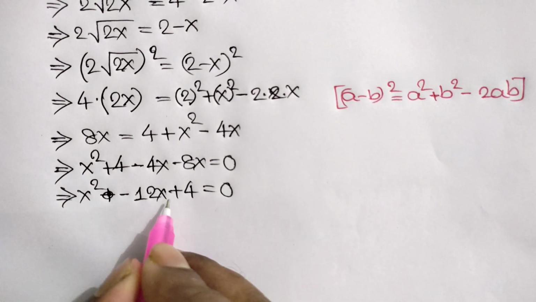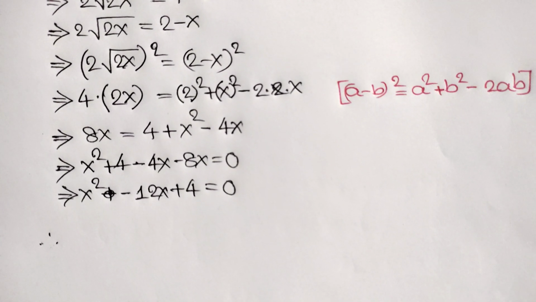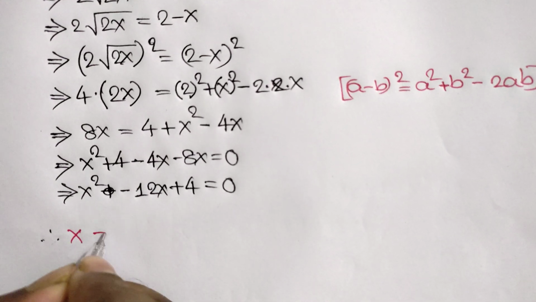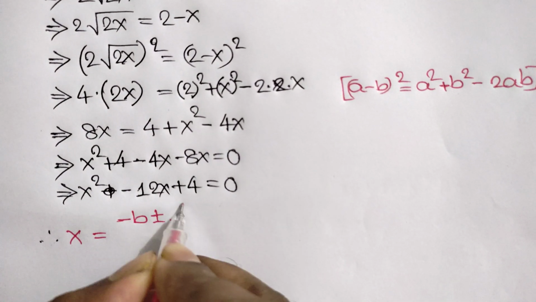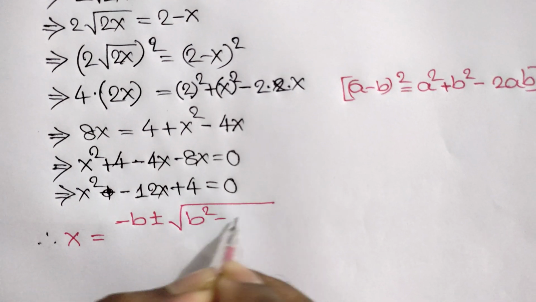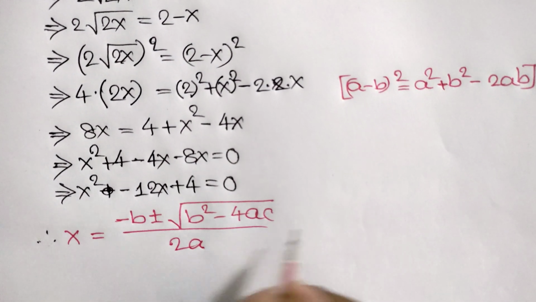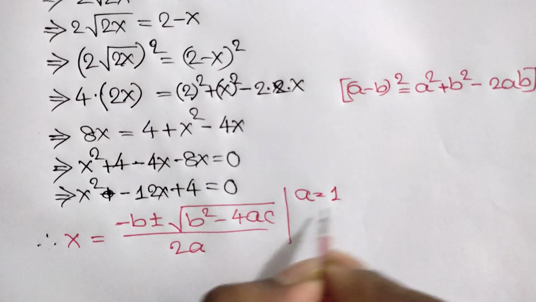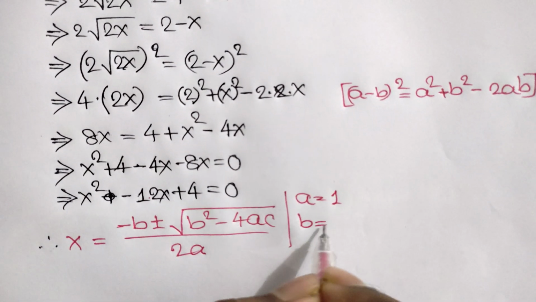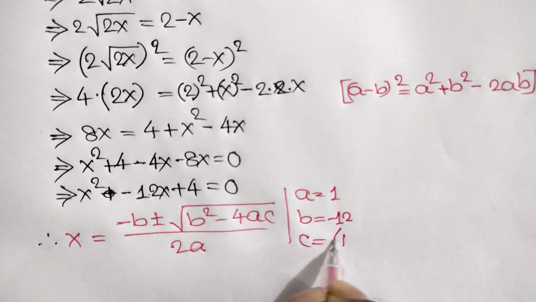Okay, now this is a nice quadratic equation, so we can write x is equal to minus b plus or minus square root of b square minus 4ac over twice a. Here a is equal to 1, b is equal to negative 12 and c is equal to 4.